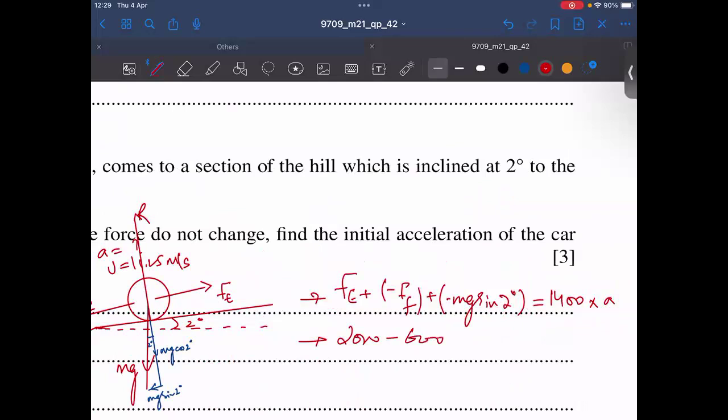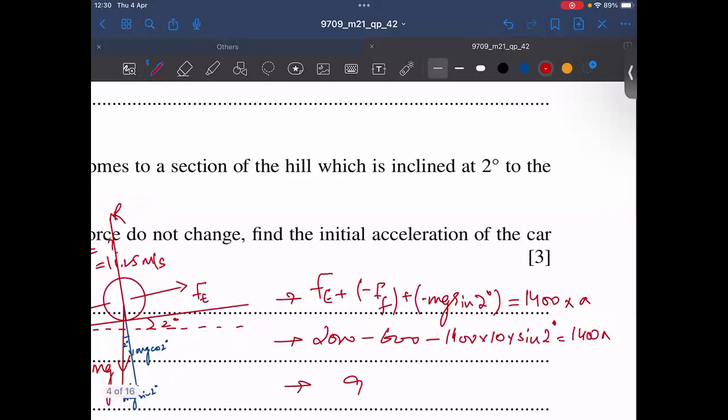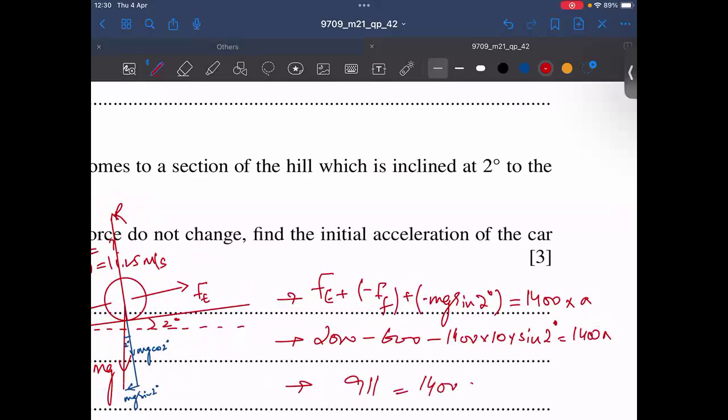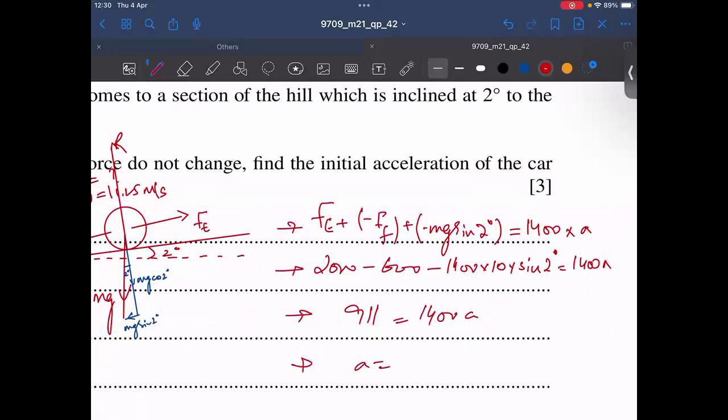So Fe is 2000 minus 600, because the friction force is also not changing, minus 1400 times 10 times sine of 2 degrees equals 1400 A. So now what are you going to get as A? 2000 minus 600 minus 1400 times 10 times sine of 2 degrees, that's 488 plus 600. 2000 minus the answer gives 91.911, which equals 1400 A. So A is going to be 0.65 meter per second square.